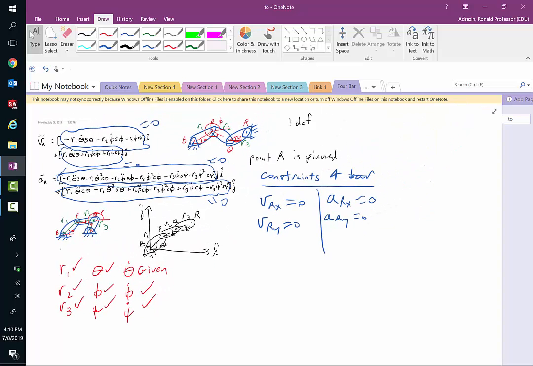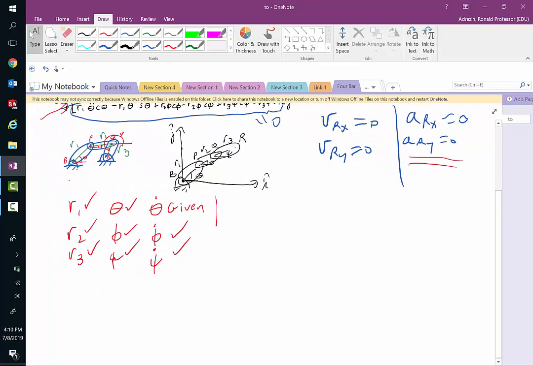If I care about acceleration, then I'm also using these right here, acceleration of Rx, acceleration of Ry. So what are the other variables buried in these equations here? I also see in there a theta double dot, a phi double dot, and a psi double dot. The first I already have from my first two equations.